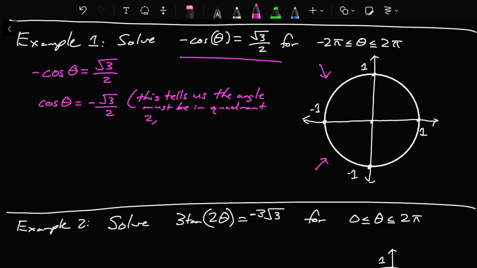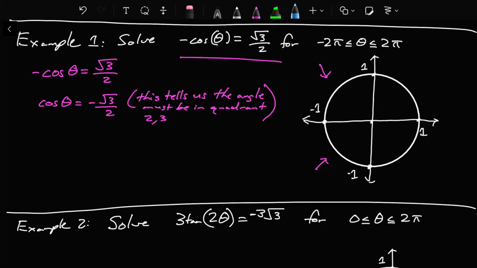So it must be in quadrant 2 or 3. Okay, which means we're not taking any angles which are in the first and the fourth quadrant, because we need cosine to be negative. So now we recognize that we don't care about the negative, basically. We just need to figure out what angle actually gives us a cos value of root 3 on 2, and then we'll just make sure that we end up in the right location for it.